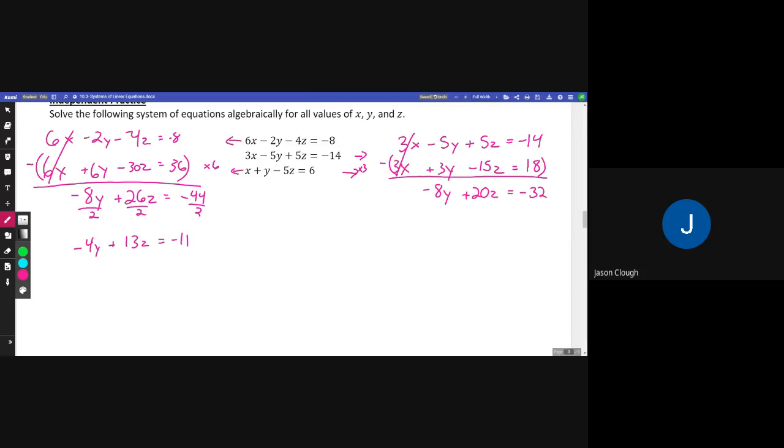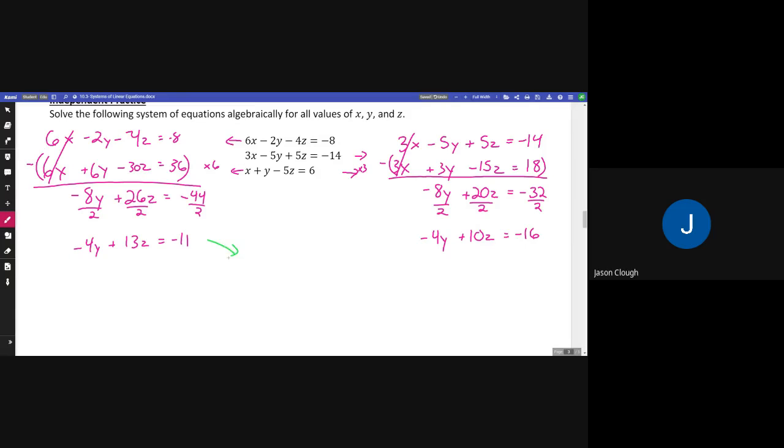So for this one, since my equation on the left actually has negative 4y, I'm going to divide all these numbers by 2, even though I probably could go a little bit further. So I get negative 4y plus 10z equals negative 16.